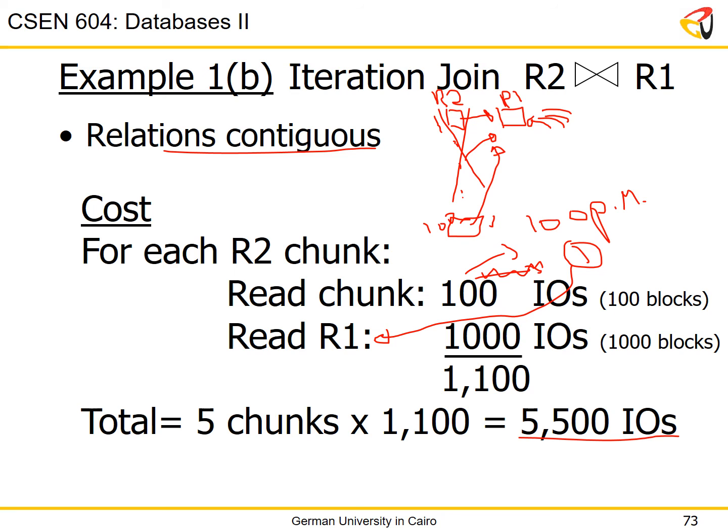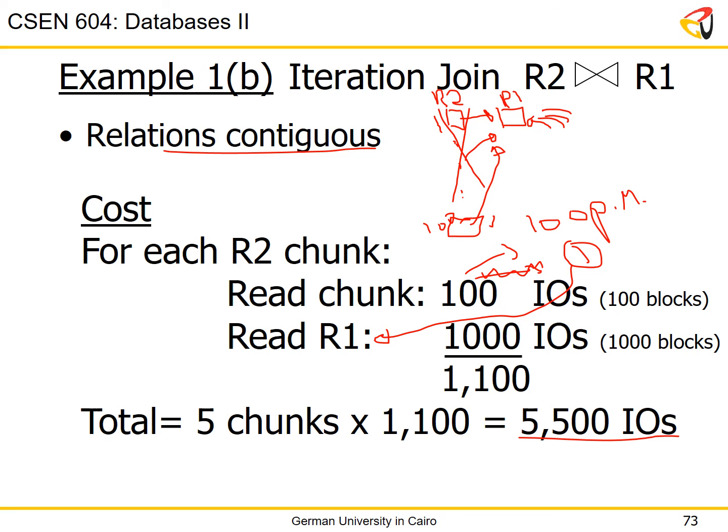Remember, we're doing all this because I would like to compare R2.c with R1.c. So I will load a page of R1 into the available memory slot using 1 IO, and then I will match R2.c in the chunk with R1.c now in memory. If you'd like to visualize it, I have here now 100 pages. Okay, I'm really bad at drawing.